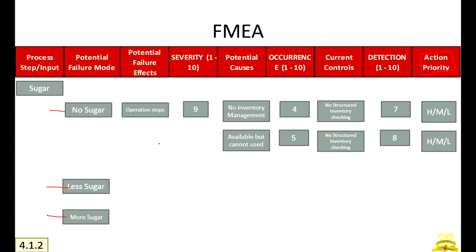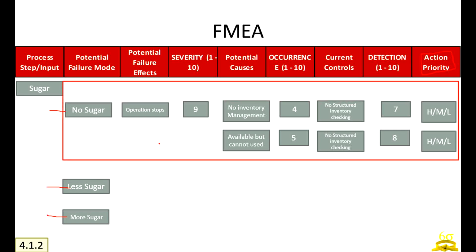Every evening before the shop closes, someone has to check end to end whether each and every item of inventory is available, so before starting the next day they know that everything is available. That's the action, and to that action you have to assign a high, medium, low action priority.